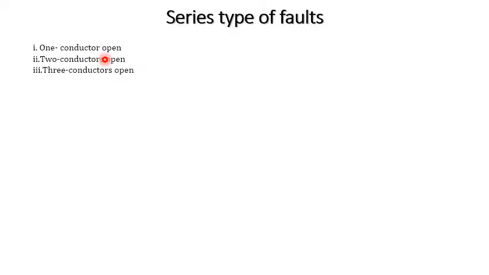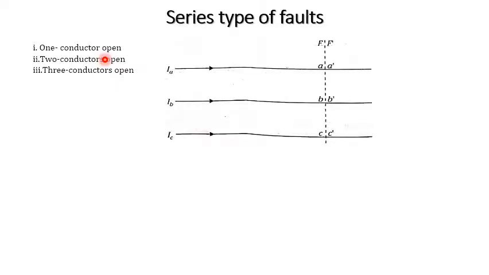Let us consider that an open conductor fault takes place. The ends of the system are considered as F and F dash, while the conductor ends are denoted by A dash, B dash and C dash. The voltages across the conductors can be written as V A to A dash, V B to B dash and V C to C dash.